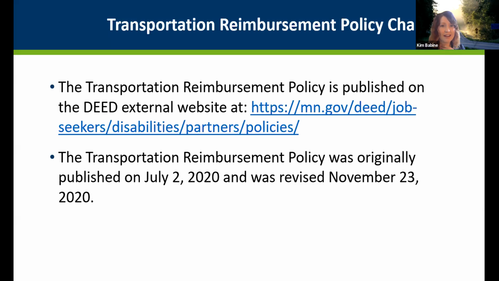The first one is related to consumer financial participation. Consumer financial participation is applied to specific services, and that is dictated by the state rule that governs some of the VR program. And so when we worked with the CFP, we learned that we needed to break it in two.